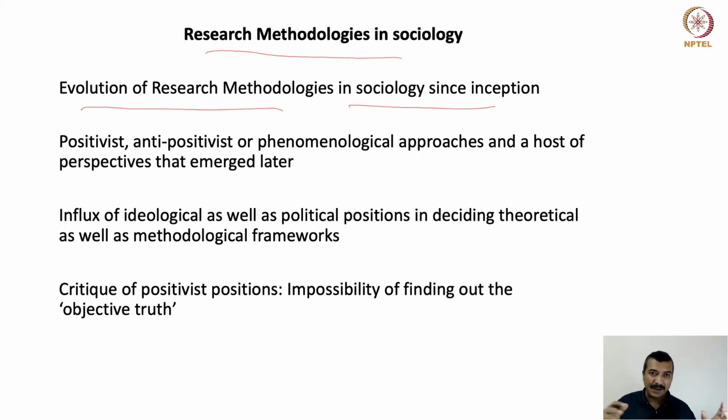It does not believe in facts or things. It tries to understand how meaning is produced among different people. So it has a very long trajectory, starting with positivist, anti-positivist or phenomenological approaches, and a host of perspectives that emerged later. I don't have the time to go through all these things because that does not come under the purview of this course.